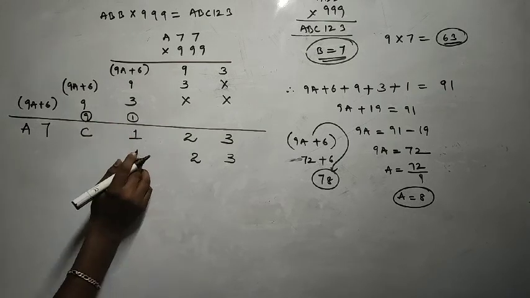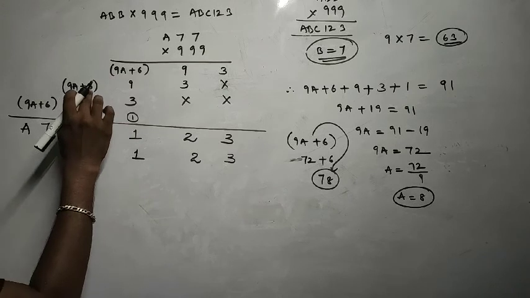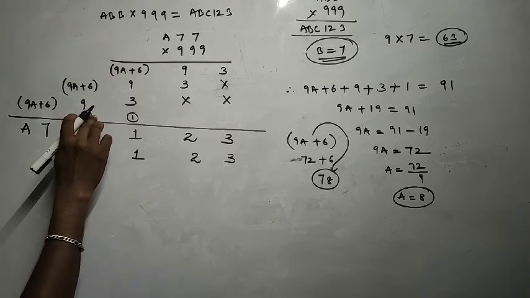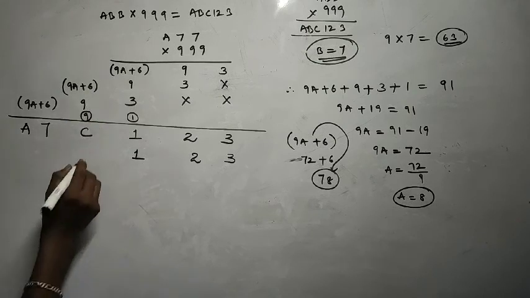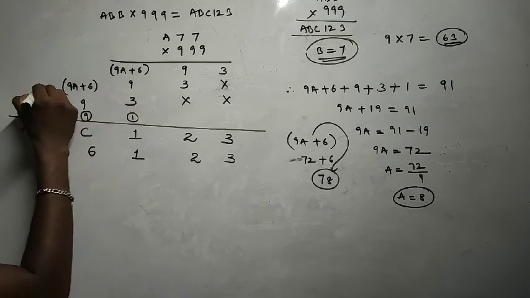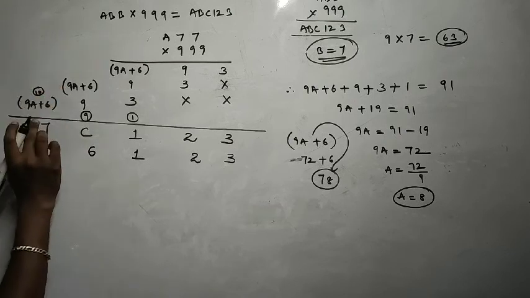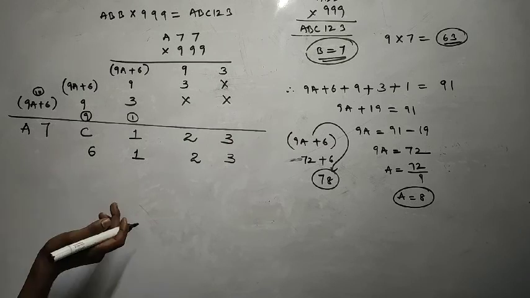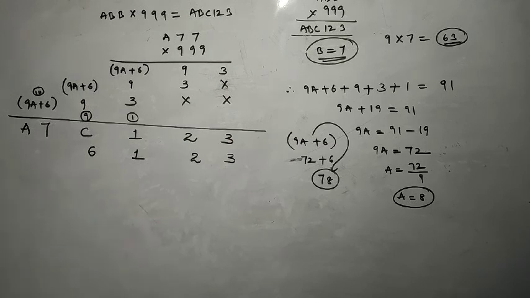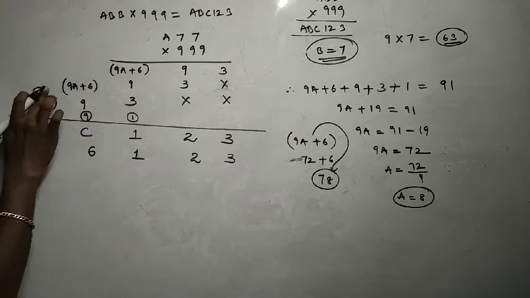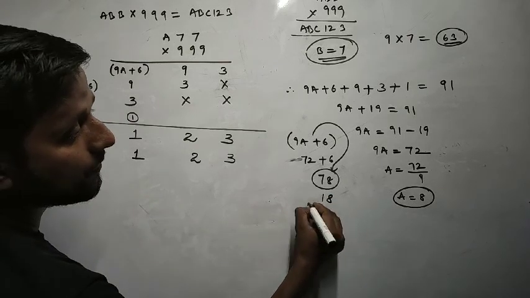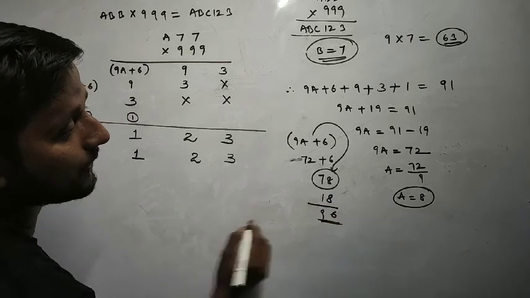I'm sorry, 1 as it is, 9 carry. 78 plus 9, 97. 97 plus 9, 106. So 6, and 10 carry. Correct? So 78 plus, we'll add again. 9 9s are 18. 96 only, sorry.